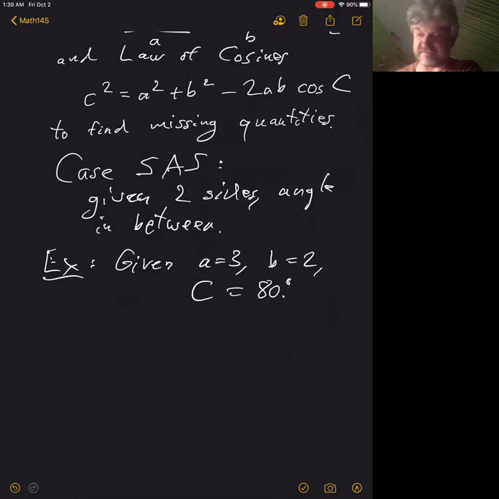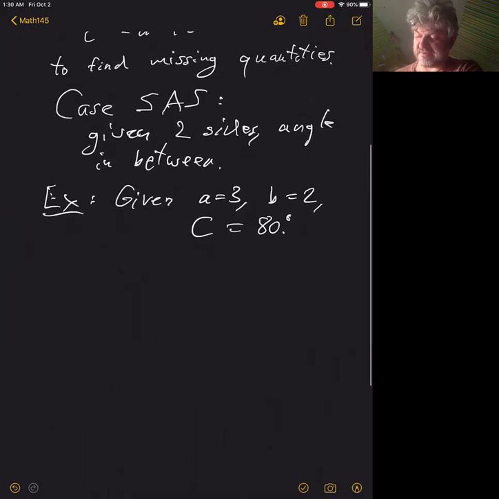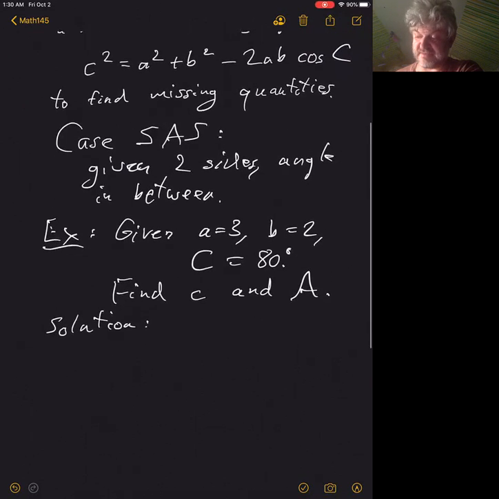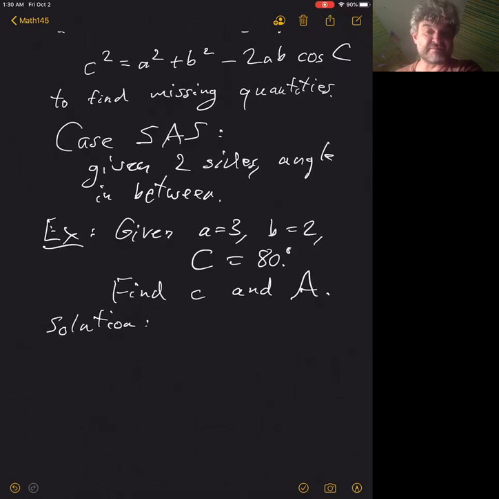That determines a triangle, and the question is, find the third side, that's lowercase c, and the angle at A, capital A. The third side, that is just perfect for the law of cosines in the form which I've written.